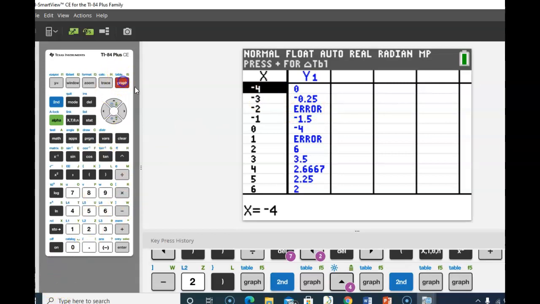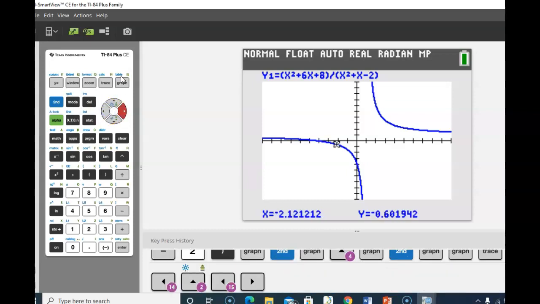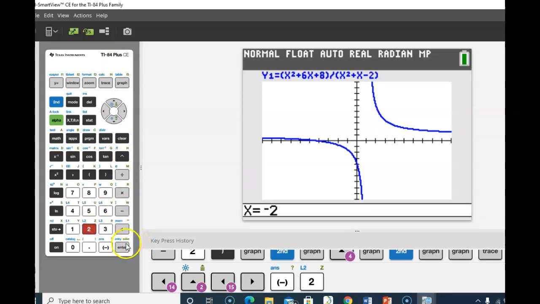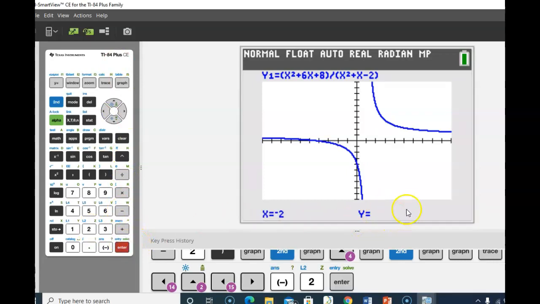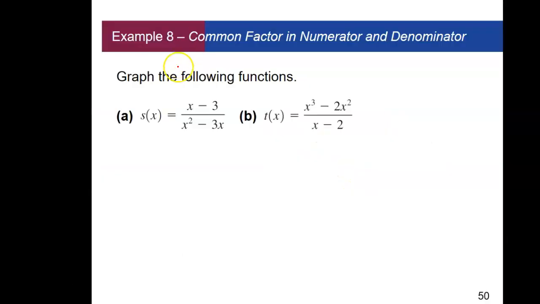If we were to use our trace key and trace over, what you would see is that as it gets close to -2, if we were to actually type in -2, then you're going to see that it doesn't give us a y value, and therefore it's undefined at -2 because there's a hole there.